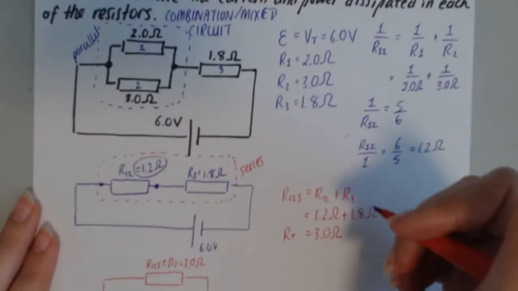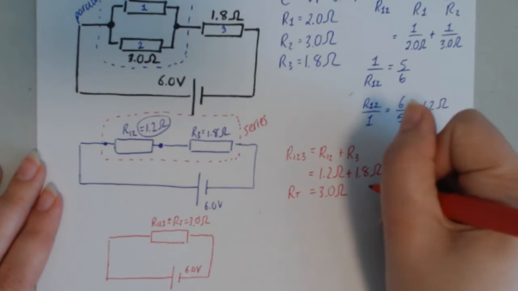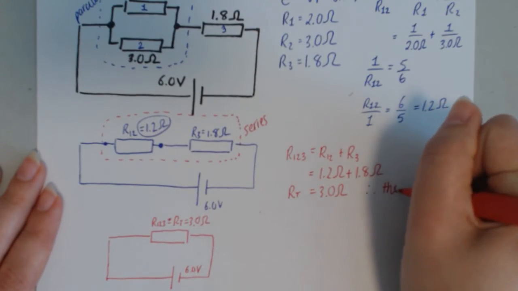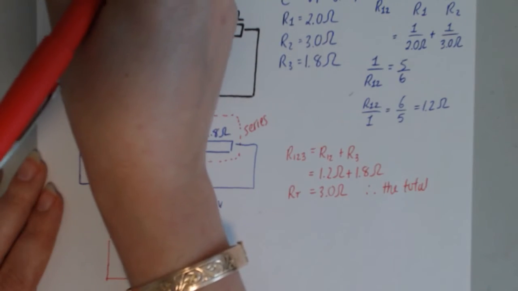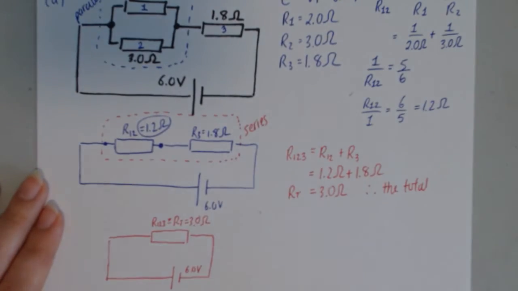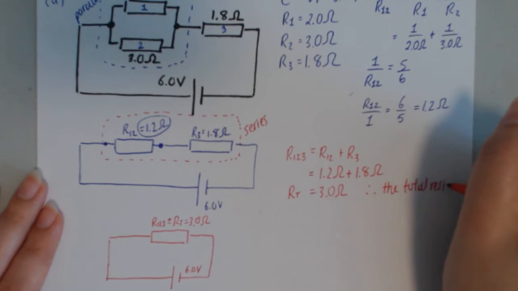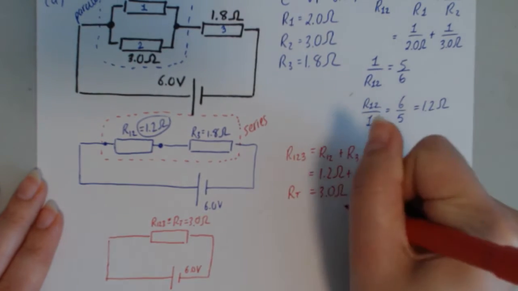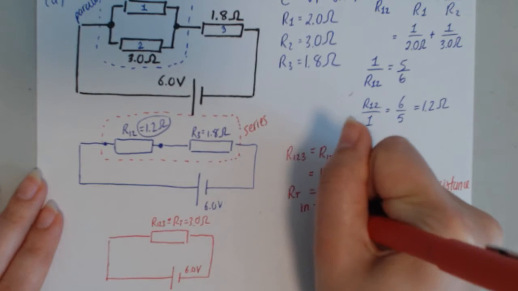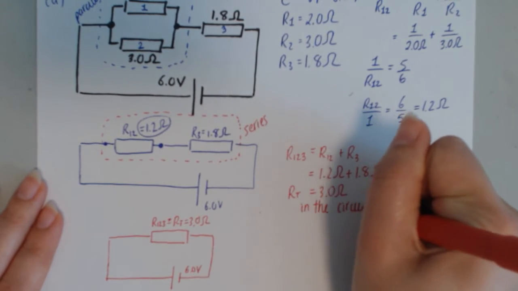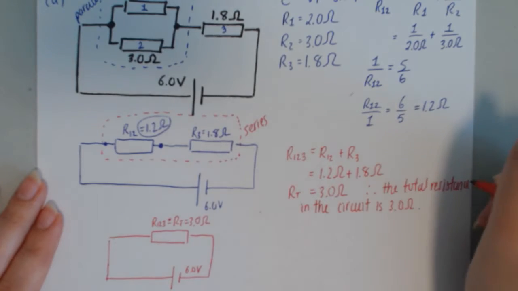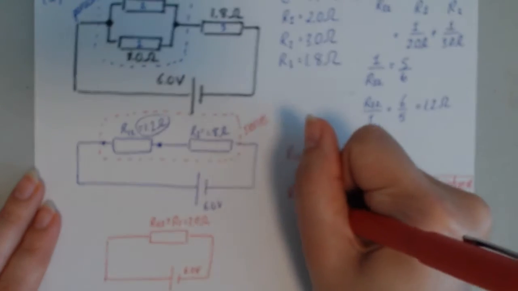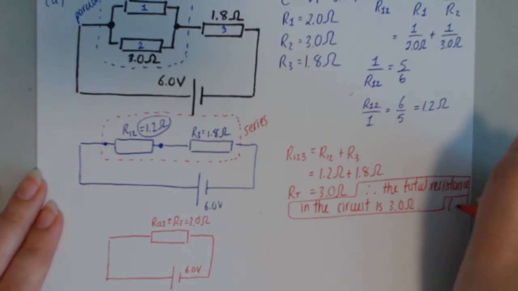So we did that. So the total resistance in the circuit is 3 ohms. So therefore, and I guess we should label this part A, the total resistance in the circuit is 3 ohms. Okay, and that's our answer for part A.